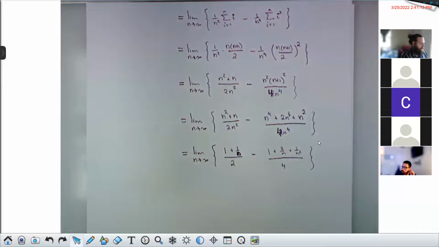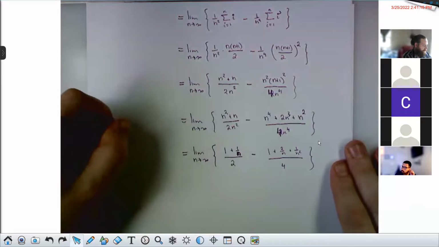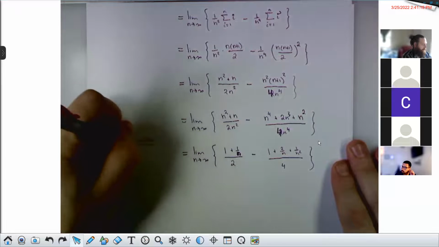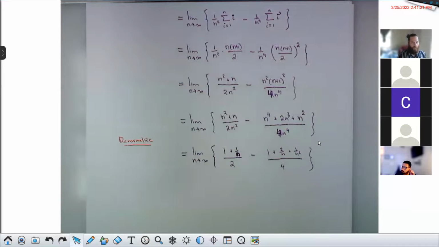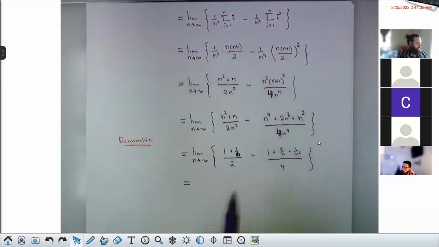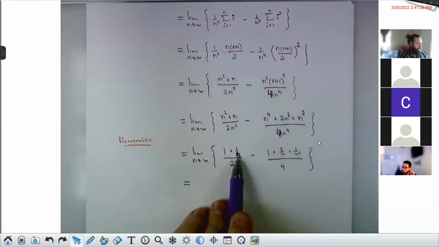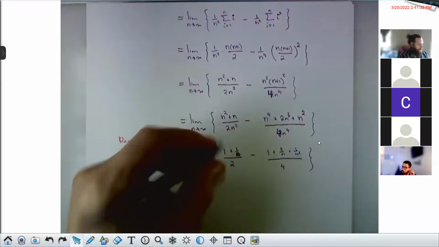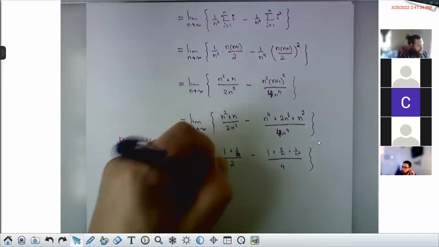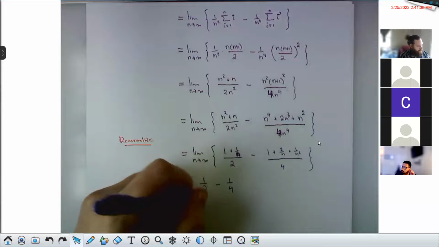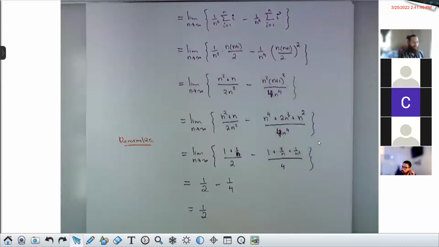Let's do that. Renormalization trick. So as n goes to infinity now, 1 over n goes to 0, 2 over n goes to 0, 1 over n squared goes to 0. So this becomes 1/2 minus 1/4, or just 1/4.